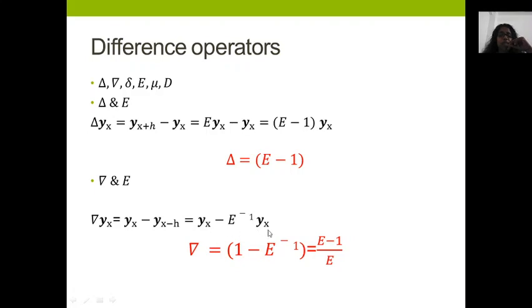Taking y x common, 1 minus E raised to minus 1. Simplifying, E raised to minus 1 can be written as 1 by E. So the backward difference operator is equal to E minus 1 by E, where E is the shift operator and this is the backward difference operator. These two equations are very, very important.